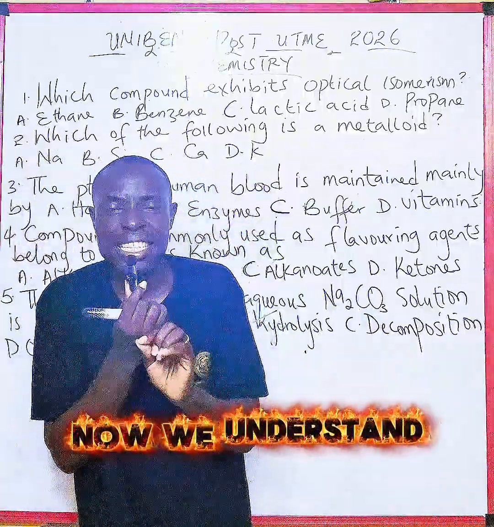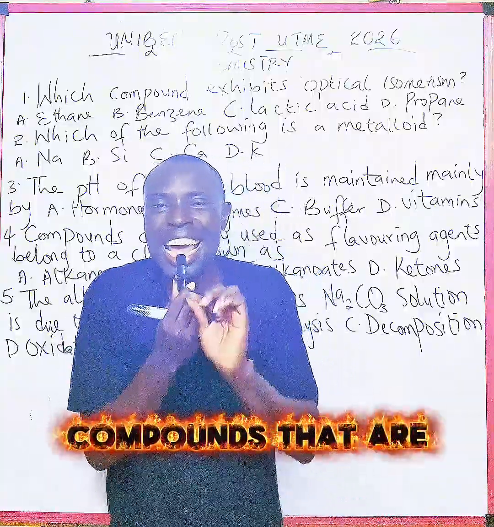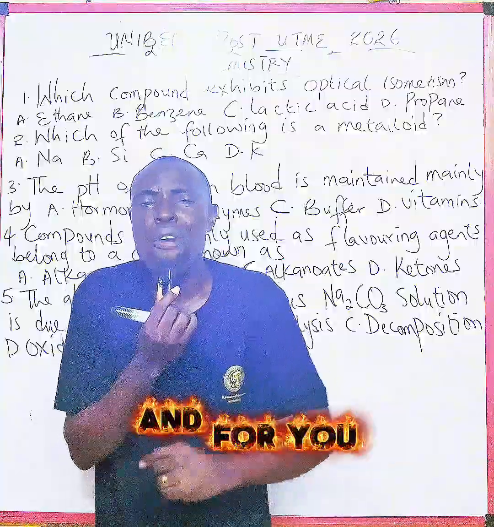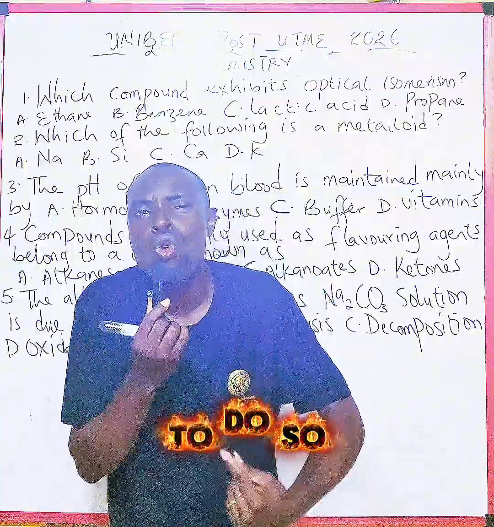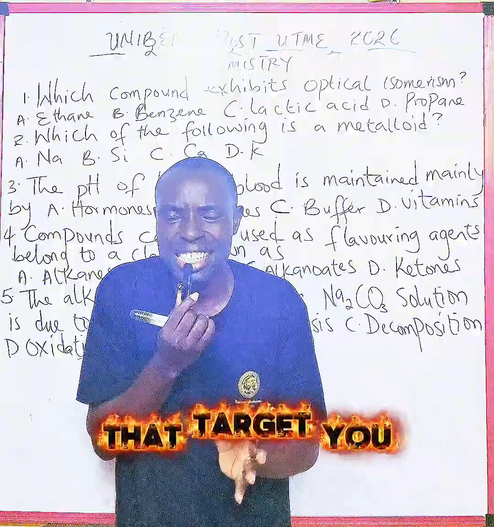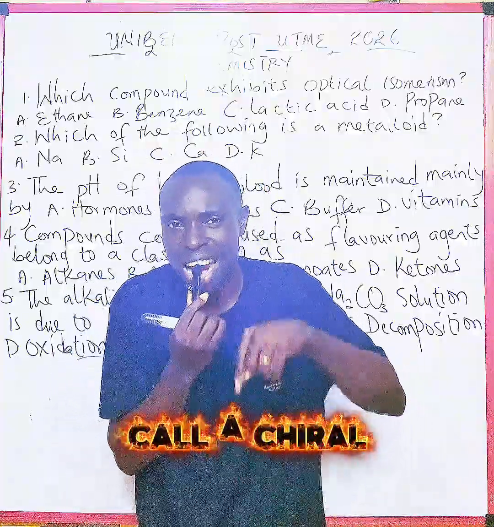Now we understand that optical isomerism has to do with compounds that are able to rotate the plane of polarized light. For you to achieve that, you must possess what we call a chiral center, or a chiral carbon.